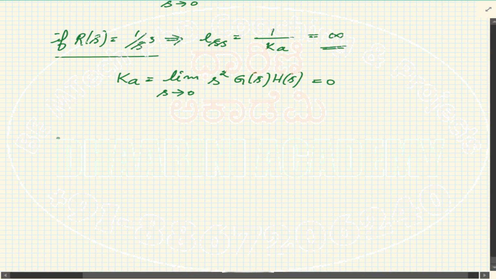Okay, now, ESS of a type 1 system. So in type 1, what's the representation?